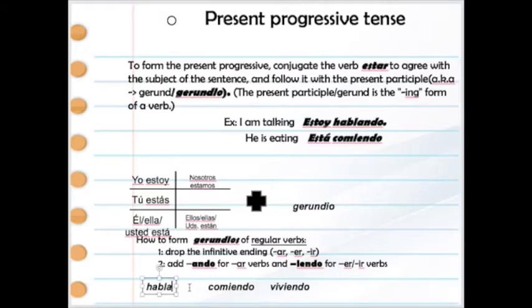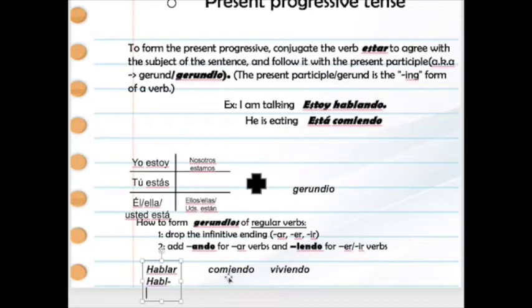So let's kind of give you an example of what that looks like. We're going to take our verb hablar. We're going to drop the ending. Make sure I spell it right. And then we're going to add ando, so hablando. Same thing here. We're going to take our verb, drop the ending.